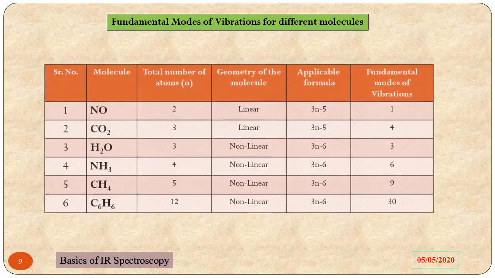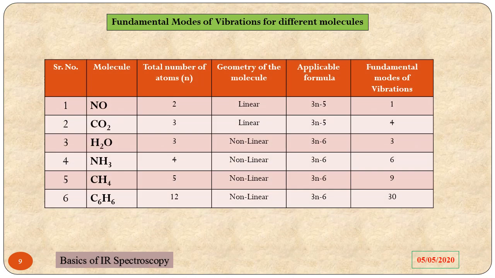Some of the examples are quoted here in the table. For example, the molecules nitrogen oxide, carbon dioxide, water, ammonia, methane, and benzene. As per the calculations, nitrogen oxide NO and carbon dioxide CO2 are linear molecules.